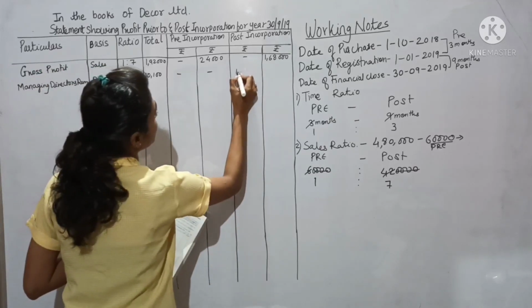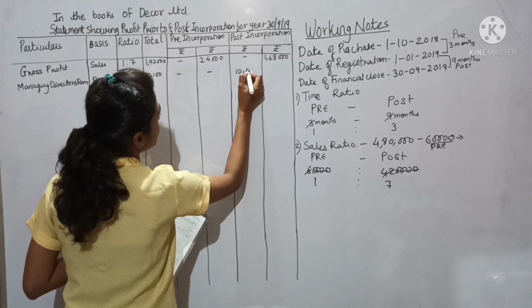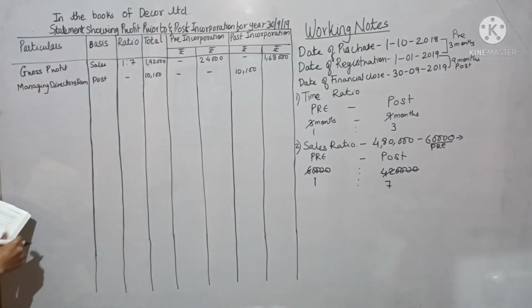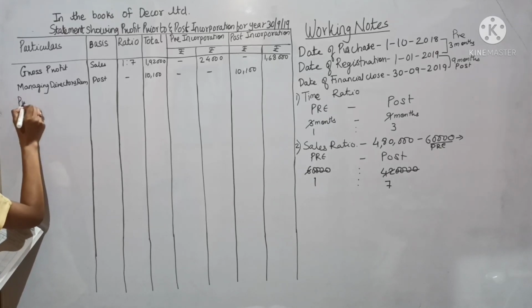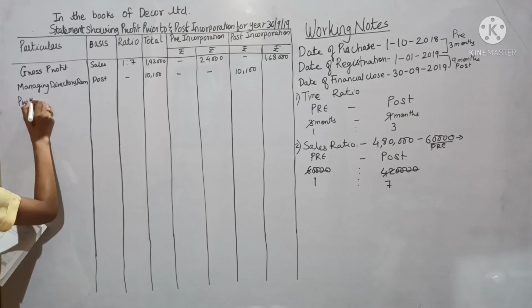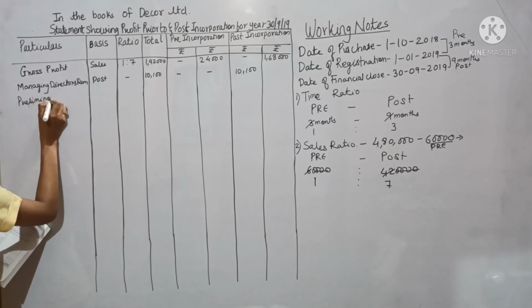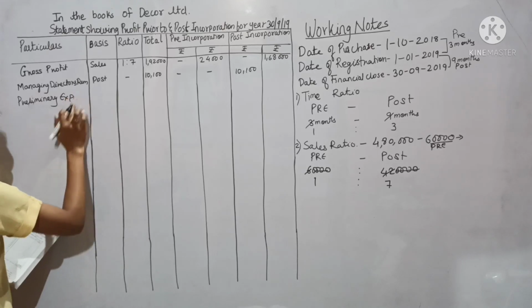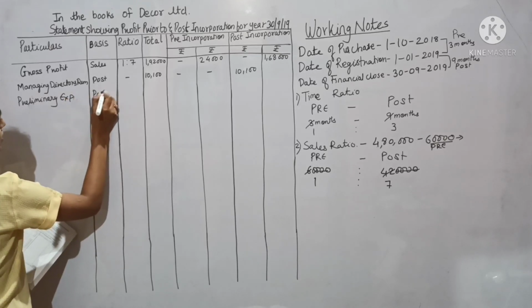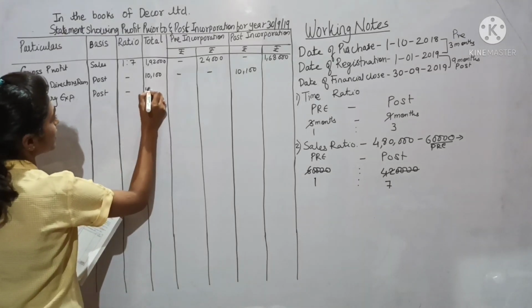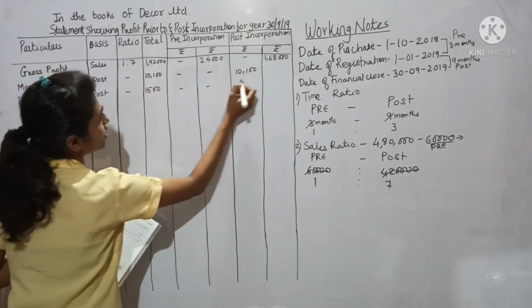So in debit side, under post incorporation, write 10,100. Next is preliminary expenses. This expense is also to be allocated on the basis of post, and total is 1,500.